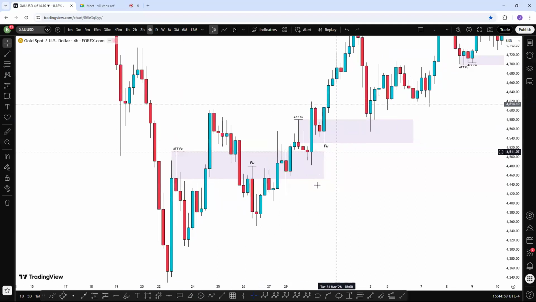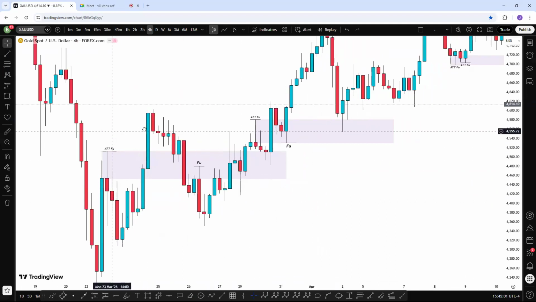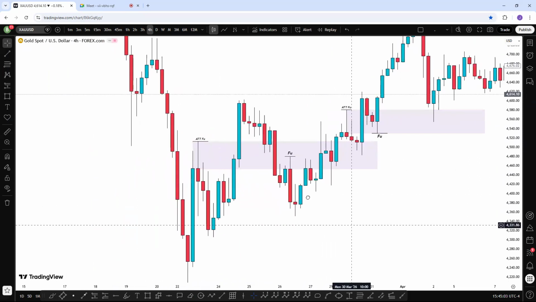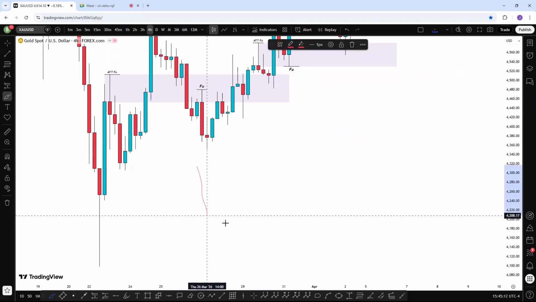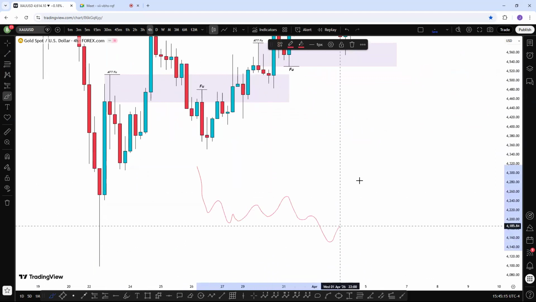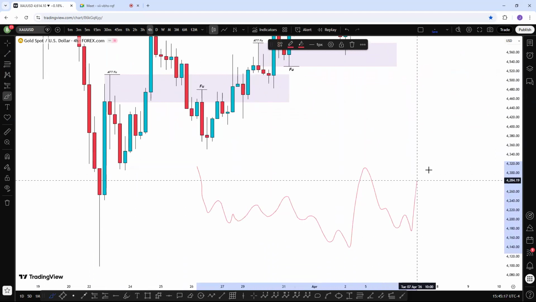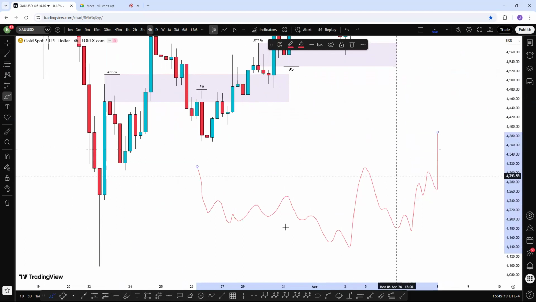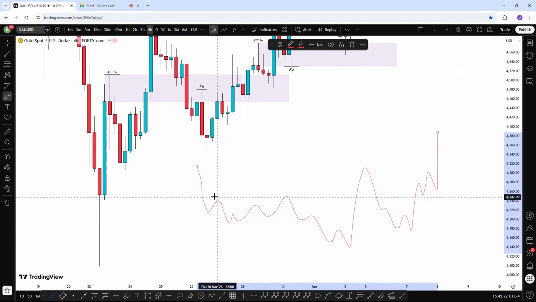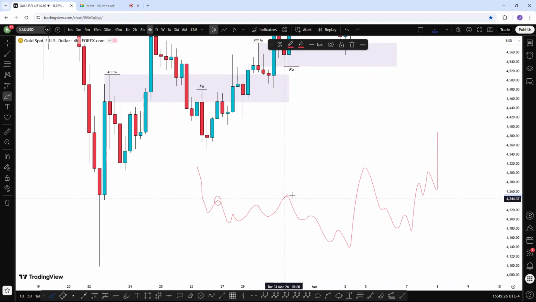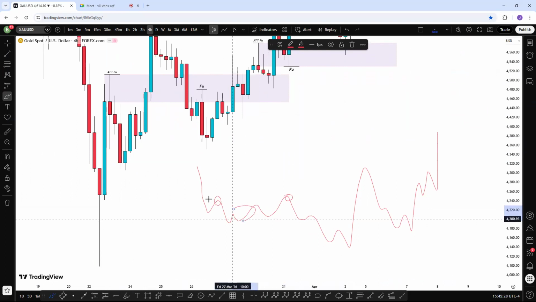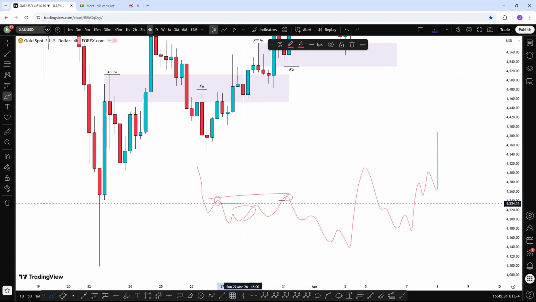Even if you have a chart that looks like this, no matter what you see, if you have a manipulation here, and this manipulation was tested by another one here, even if there are so many candles, it's going to be your HES zone.